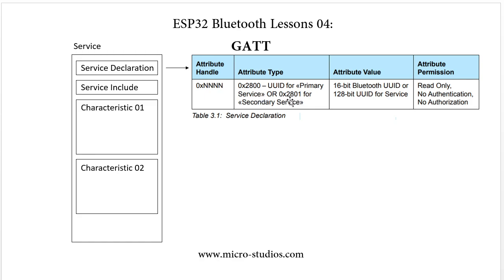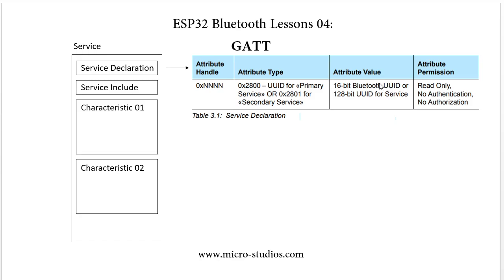If the UUID is 2801, it means the service is a secondary service. A primary service can be discovered, and the secondary service cannot. It can only be included.